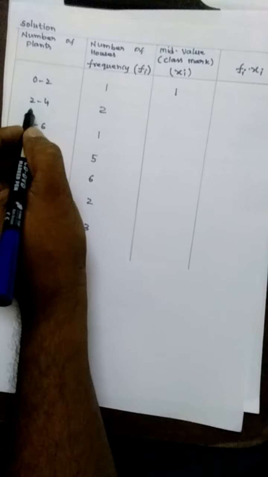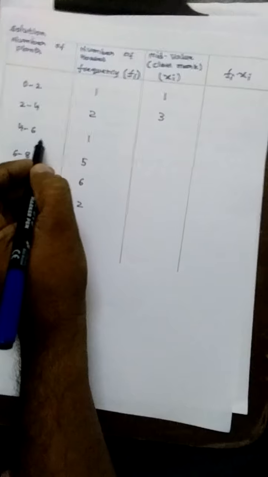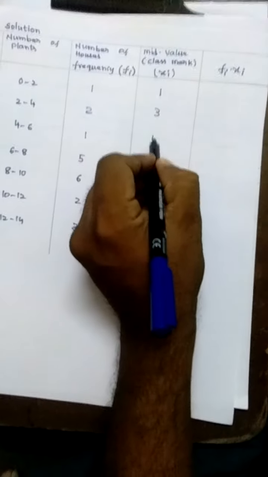So the mid value of next class. Here the lower limit is 2, 2 and 4. 2 plus 4, 6 by 2 is 3. Here 4 and 6. 4 plus 6 is 10, 10 by 2 is 5.